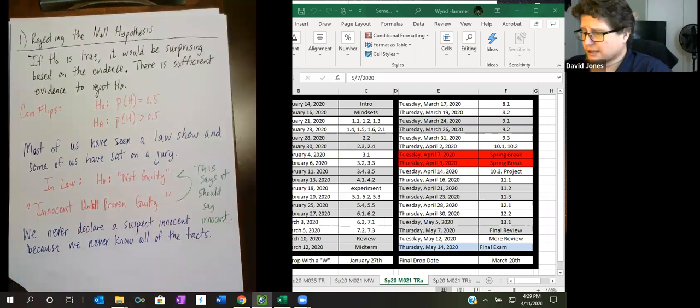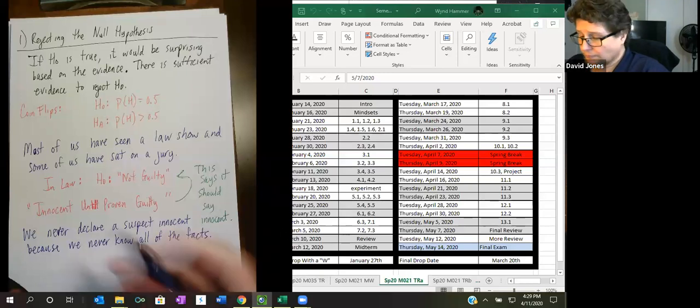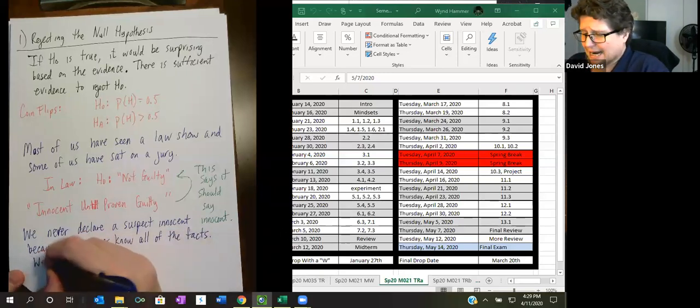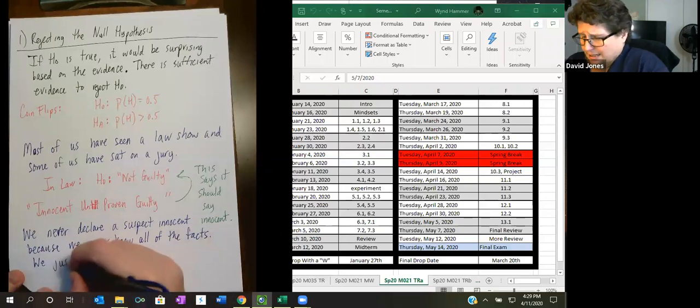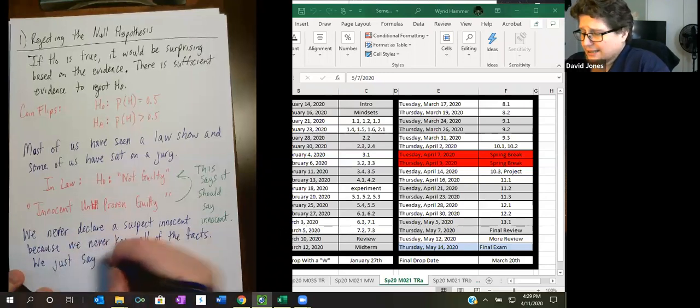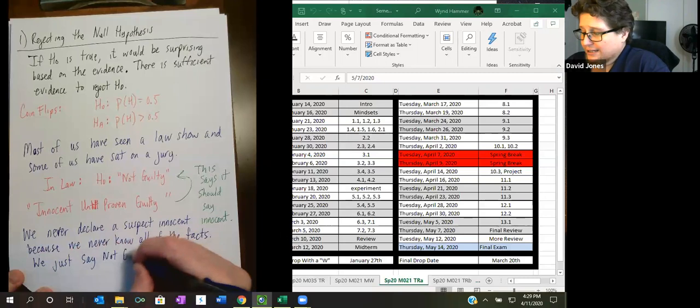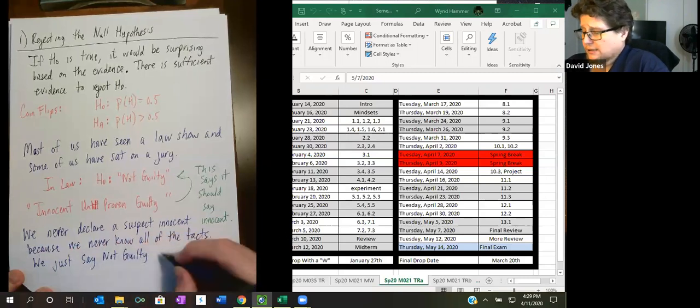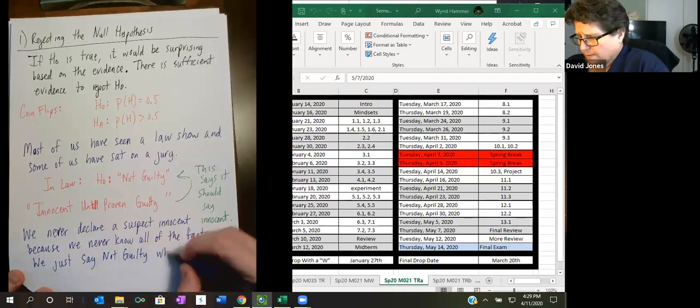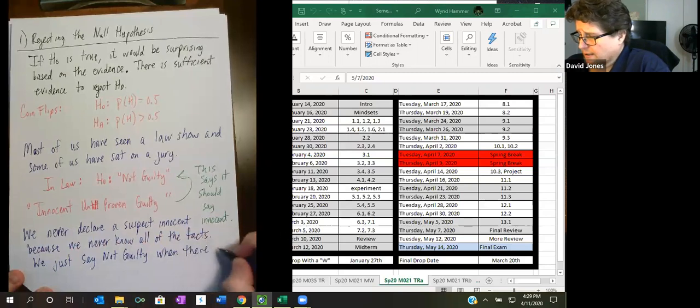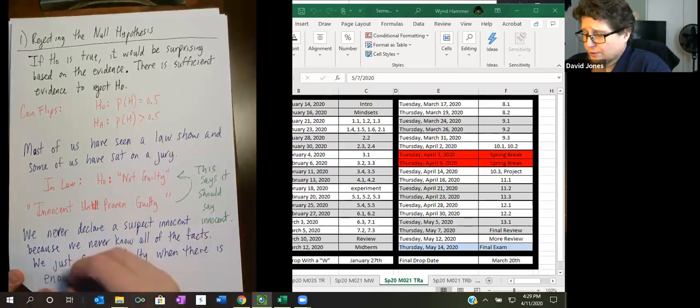We never declare a suspect innocent because we never know all of the facts. So we just say not guilty when there's enough evidence to support it.